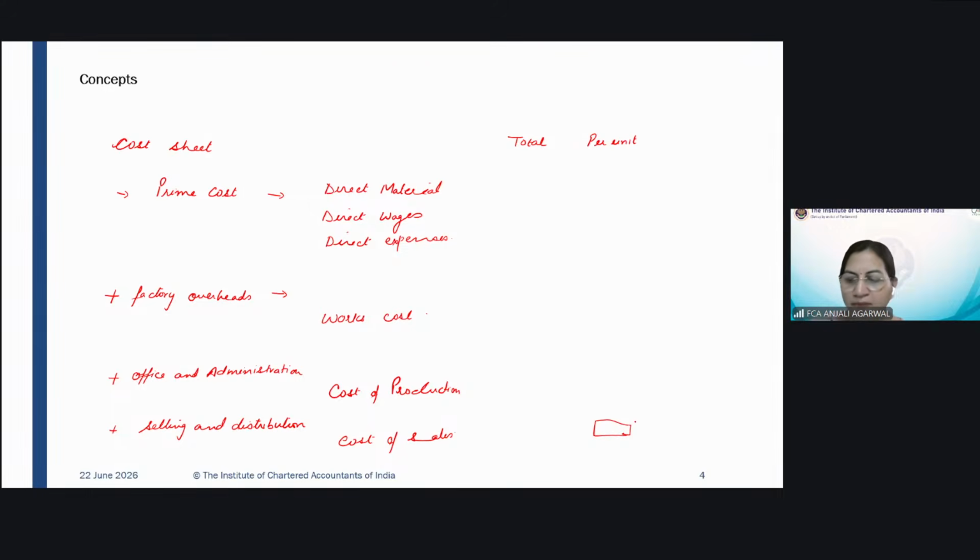However, when you talk about direct material or works cost or cost of production, there is one concept that goes of the stocks. We have seen that when you prepare your financial records, you write down all your stock, whether opening or closing, and whether of raw material, work in progress, or finished goods.